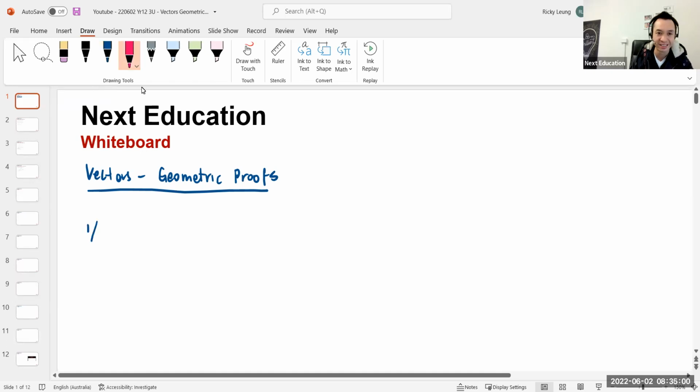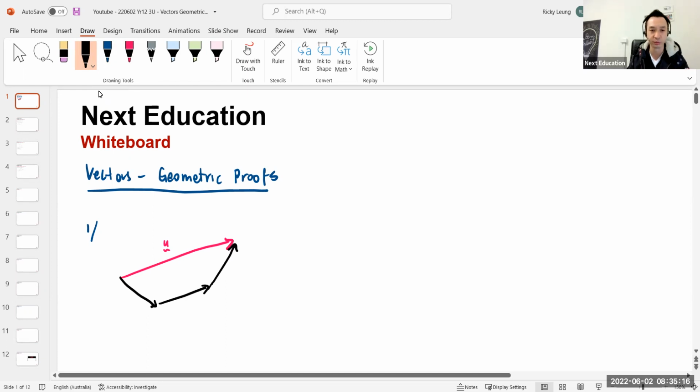The first one is a very easy concept. Generally speaking, if you have one resultant vector, and it's comprised of many smaller vectors which go head to tail, to the head and tail of the original, say this is vector U1, this is U2, U3, then we know that the resultant vector U is equal to the sum of all the individual vectors.